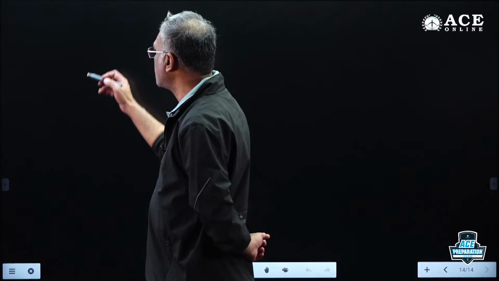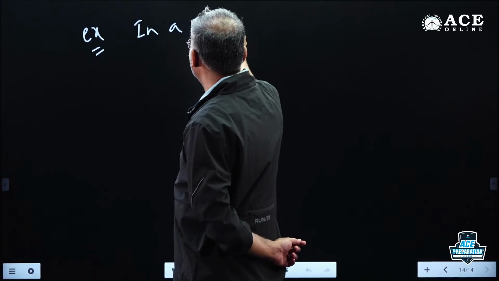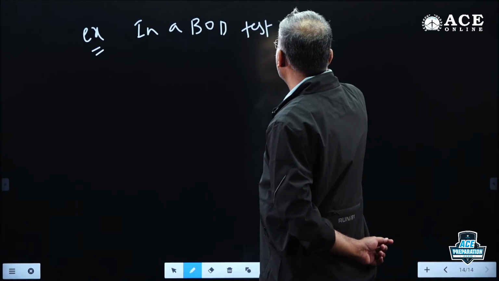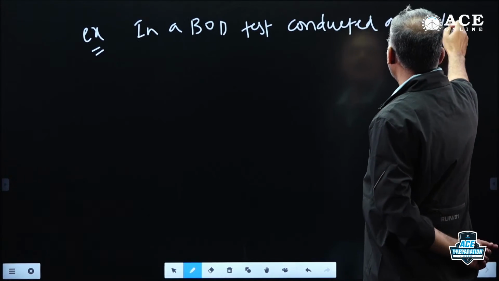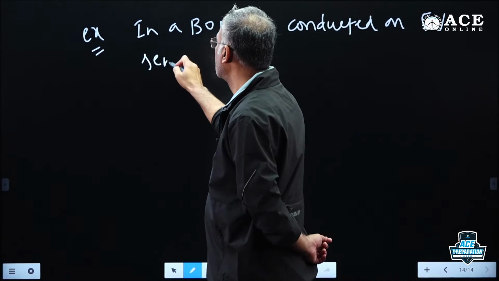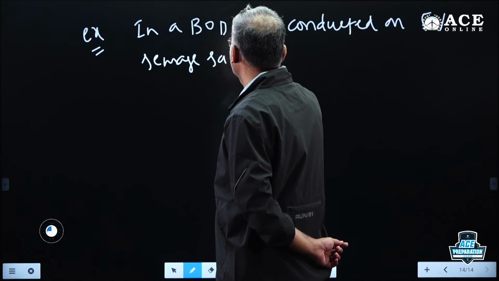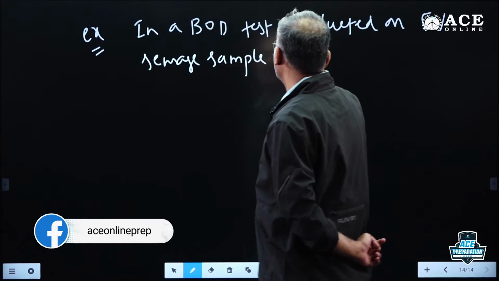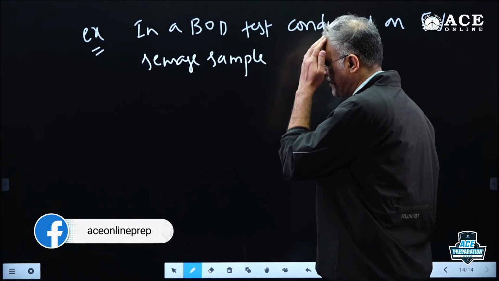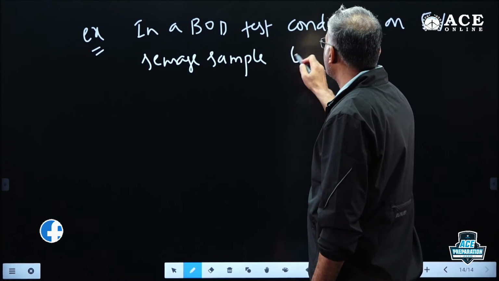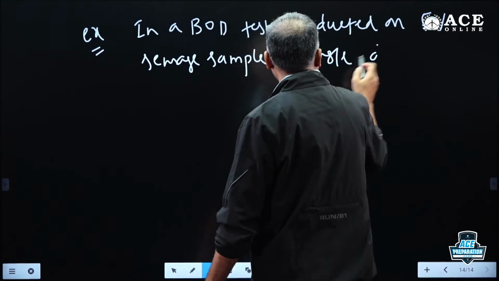In a BOD test on a 5% sewage sample, 6 milligram per liter of DO is consumed, DO is depleted.